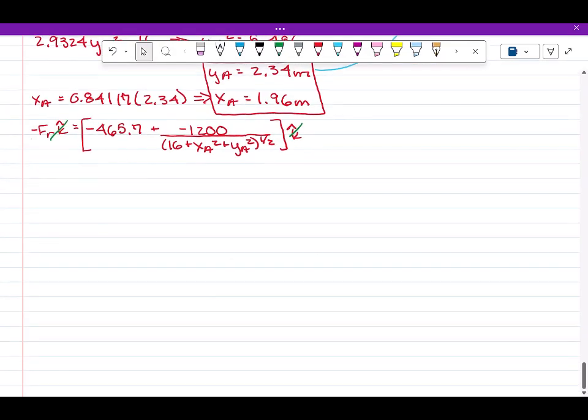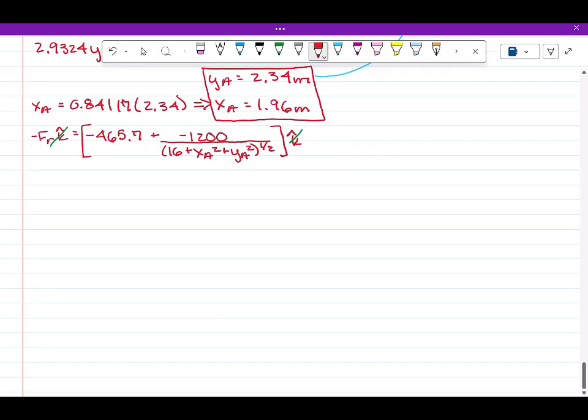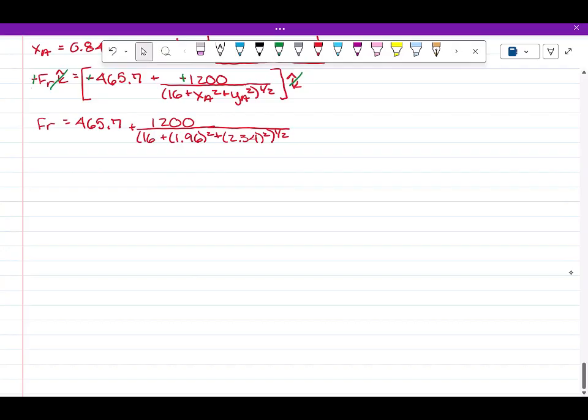We're going to divide through by a negative so that everything's positive, and we're also going to cancel our k's. Therefore, the magnitude of our resultant force is equal to 465.7 plus 1,200 divided by the square root of 16 plus xa squared, or 1.96 meters squared, plus ya squared, or 2.34 meters squared. Therefore, the magnitude of our resultant force is equal to 704 newtons.